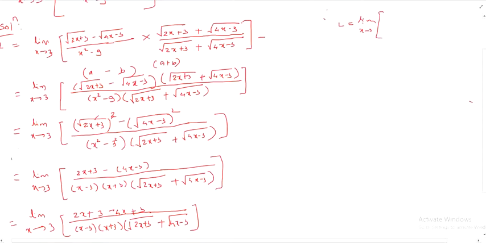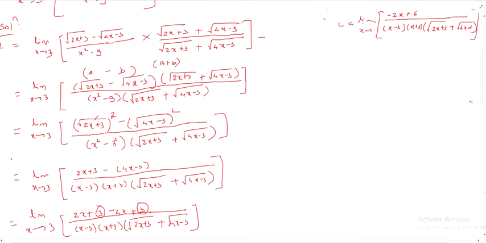Now here 3 plus 3 becomes 6 and 2x minus 4x, that is minus 2x. Therefore minus 2x plus 6 upon x minus 3 into x plus 3 into root 2x plus 3 plus root 4x minus 3.